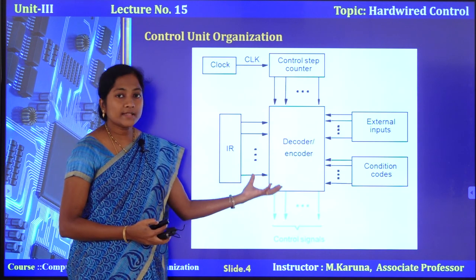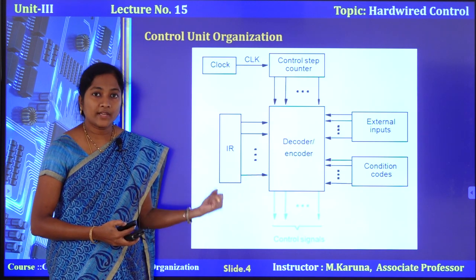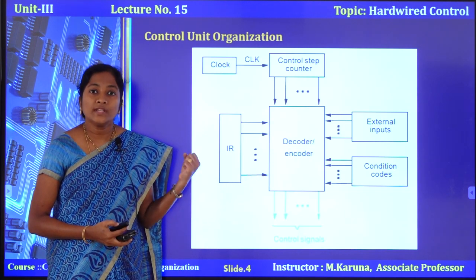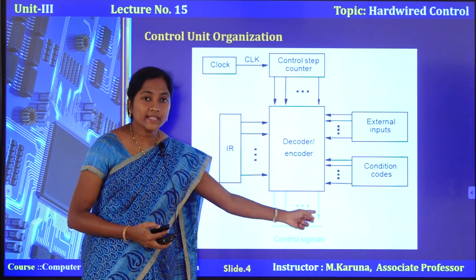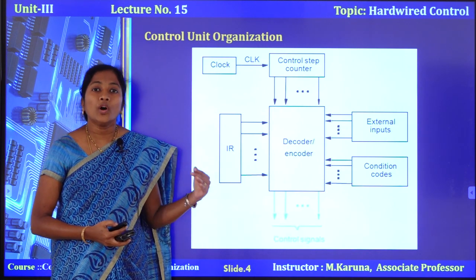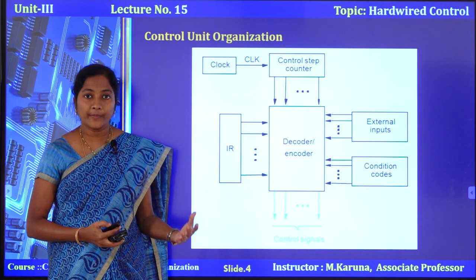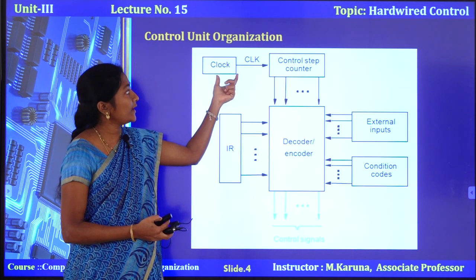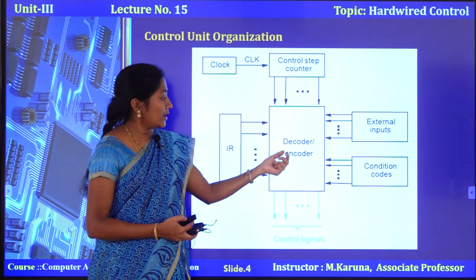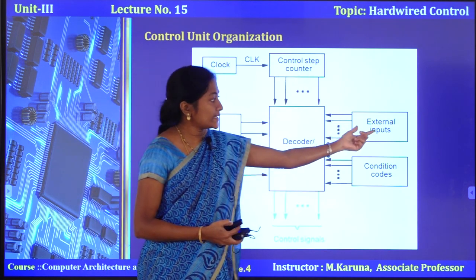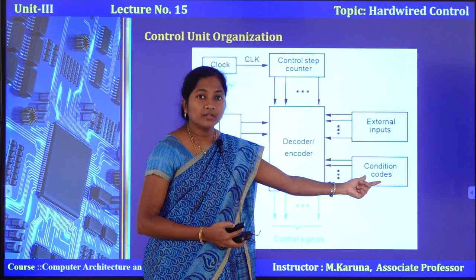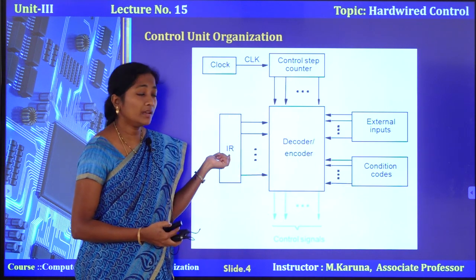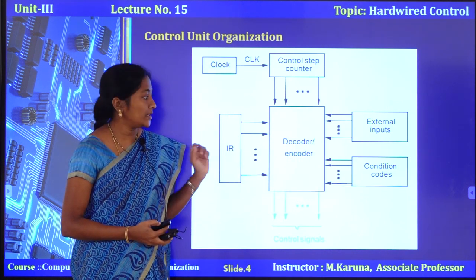Here, this is the control unit circuit, which is used to generate control signals to coordinate all the activities of the processor. This block diagram consists of a clock generator, control step counter, decoder, encoder, external inputs, condition codes, and instruction register. Okay.